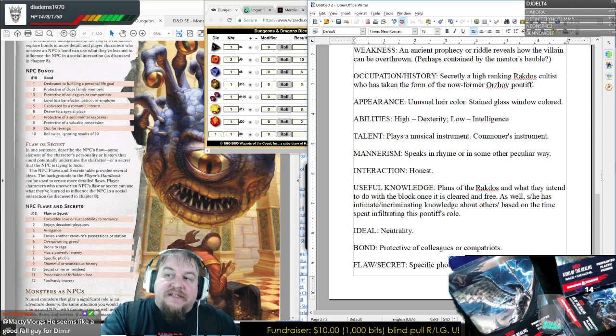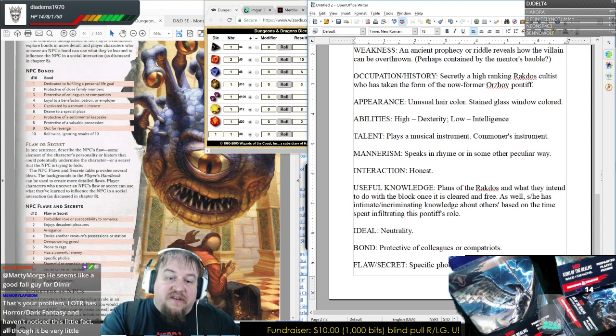If that's the case, would he have a fear of... I don't know, the Dimir live in darkness and shadow and sewers and water. I don't know if he'd really have a fear of death, given the position he's taken.